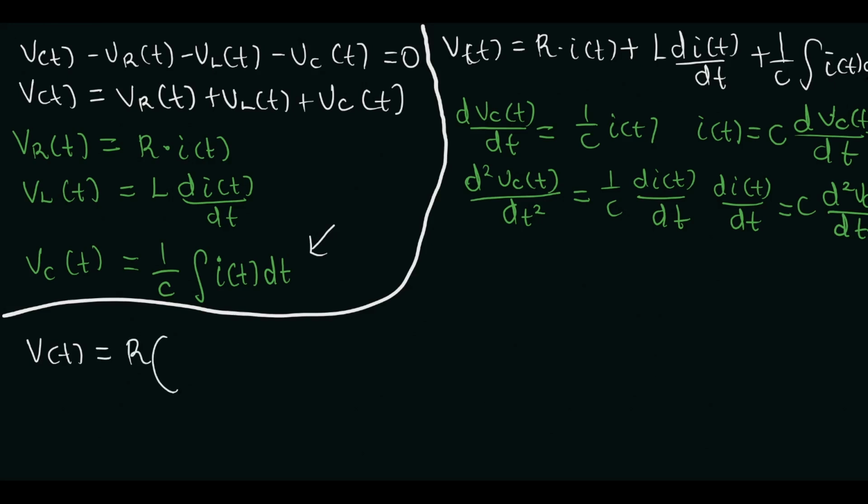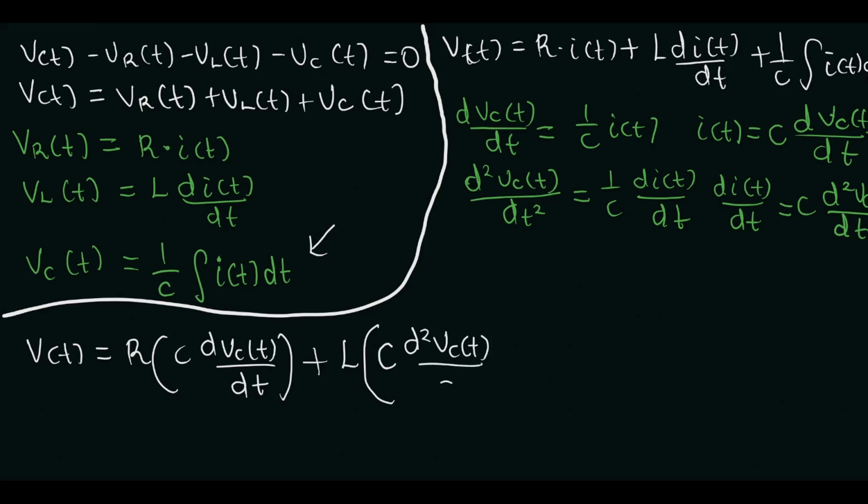That will be C dVc of t over dt, plus your inductor multiplied by what's your di/dt? That will be C, capacitor, d squared Vc of t over dt squared, plus Vc of t.